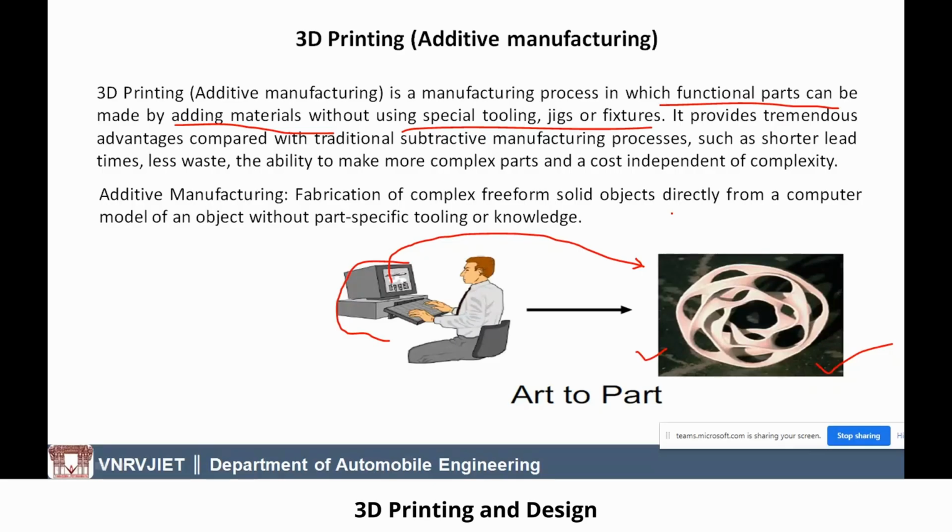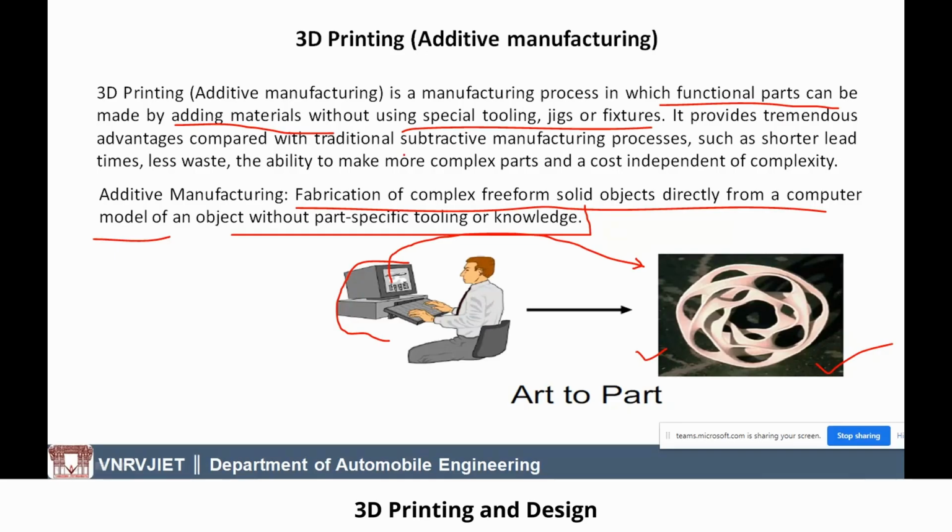So additive manufacturing is the fabrication of a complex free-form solid object directly from the computer model of an object without part-specific tooling or knowledge. Here much knowledge is also not required about the process, only the knowledge of 3D printing and the conversion of a 3D model for the machine.